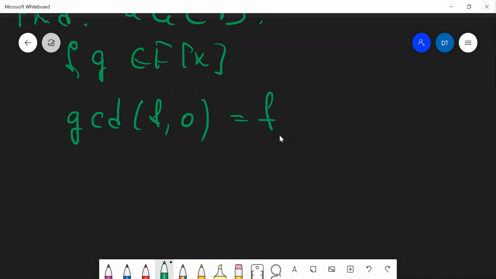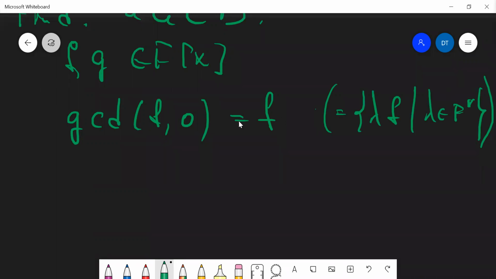Strictly speaking, I should write lambda times f, where lambda is a non-zero coefficient, because the greatest common divisor is not uniquely defined. But writing this, I'm just abusing notation. I mean that every polynomial proportional to f is the greatest common divisor.